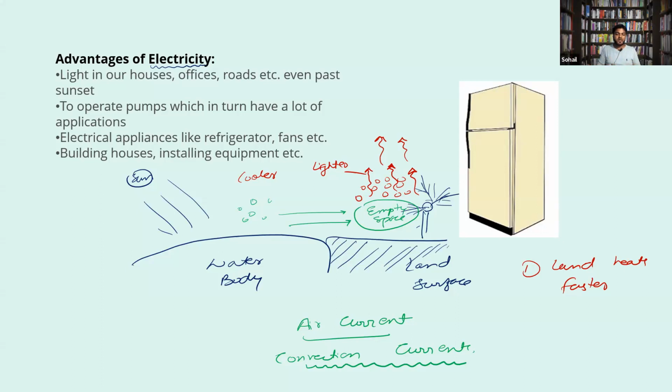So in air current, we get to see that convection current starts to develop where there's a movement of particles of air from one place to another due to the temperature difference. यहाँ पर temperature difference है. See, here the temperature is lesser, here the temperature is more. So due to that, the particles are moving from one place to another. So that is called as air current.